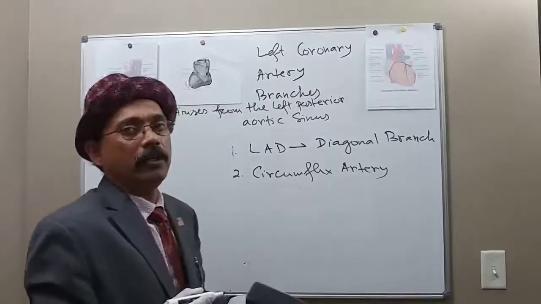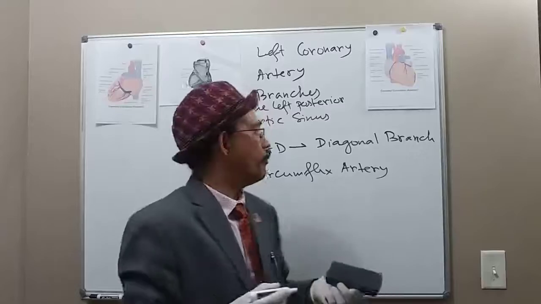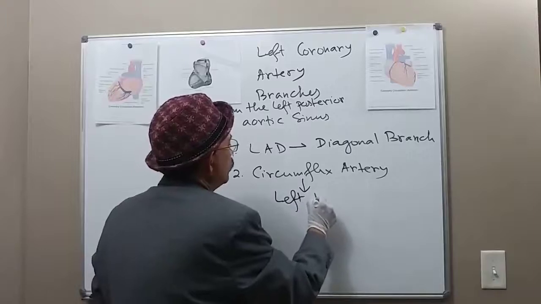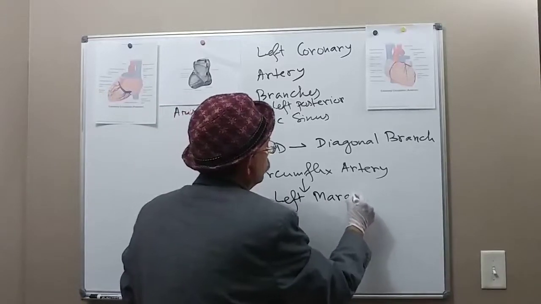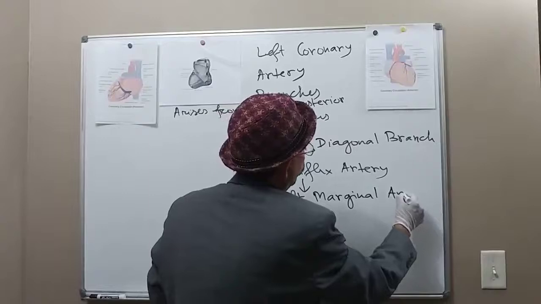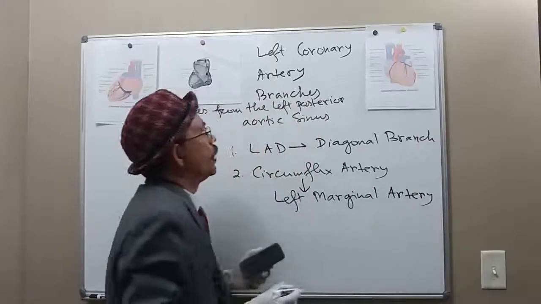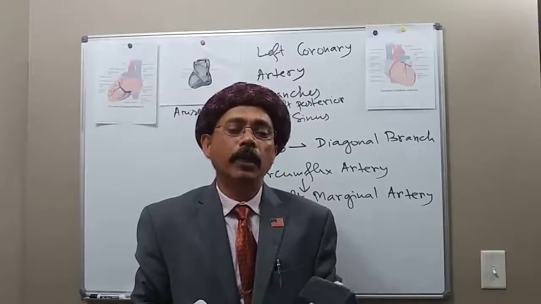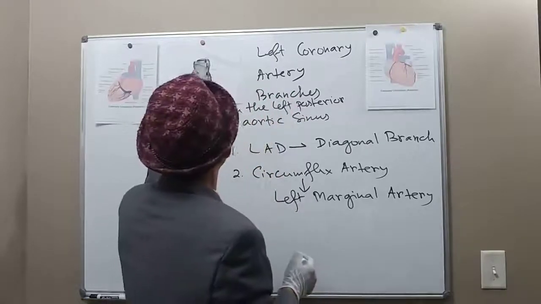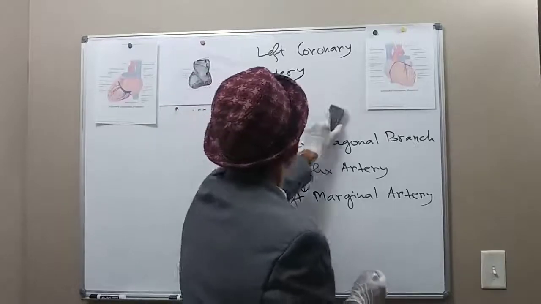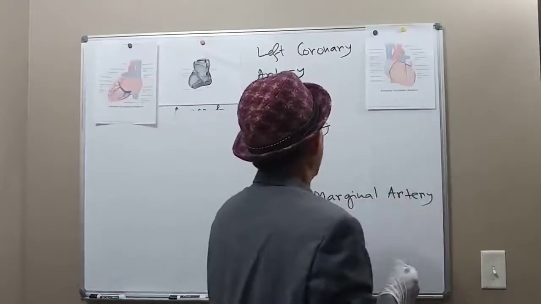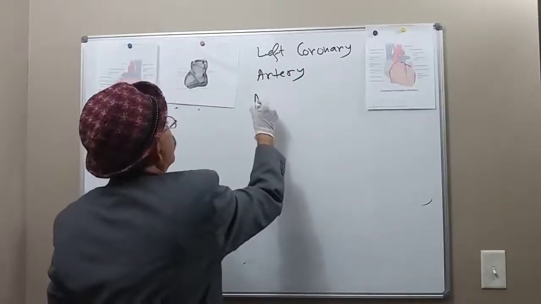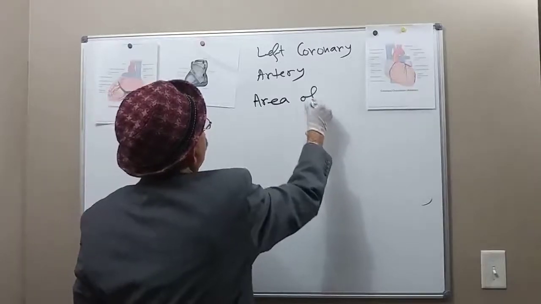From the circumflex artery, we'll get the left marginal artery. Okay, we got the branches of the left coronary artery. Now, area of distribution. Which part of the heart is supplied by the left coronary artery? We'll go there.